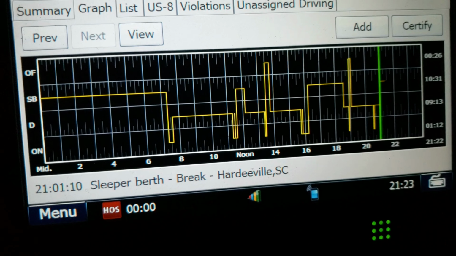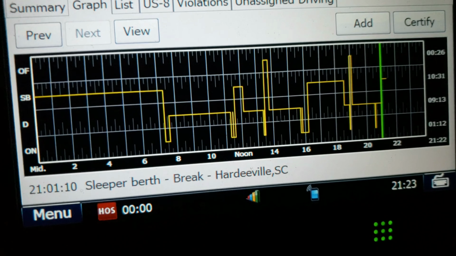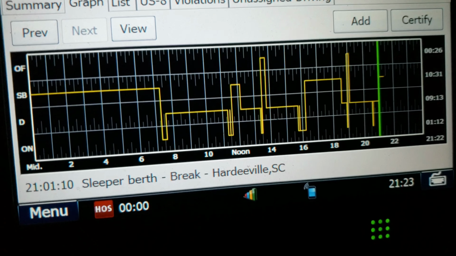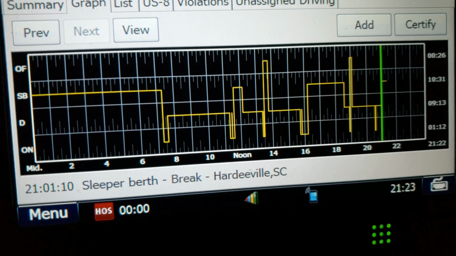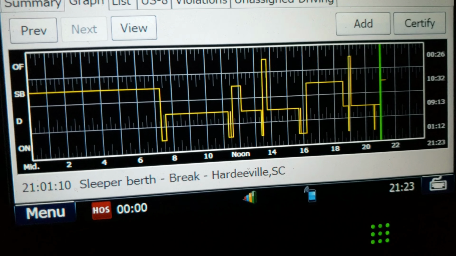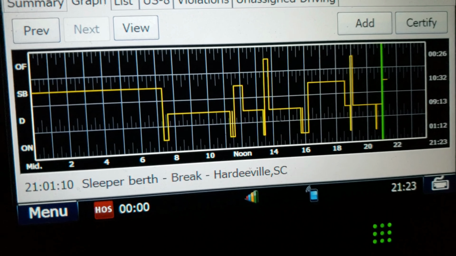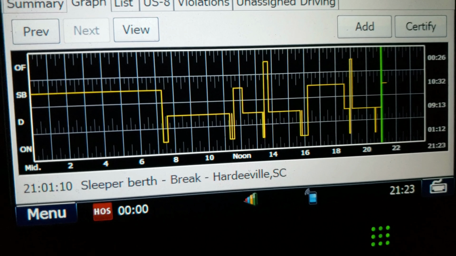I was thinking about doing the 8 and 2 split tonight because I have a delivery tomorrow at 11 o'clock. If I take a 10-hour break tonight, it's gonna push me real close, because I could start my clock at 7 o'clock in the morning and my delivery at 11 if I take a 10-hour break.